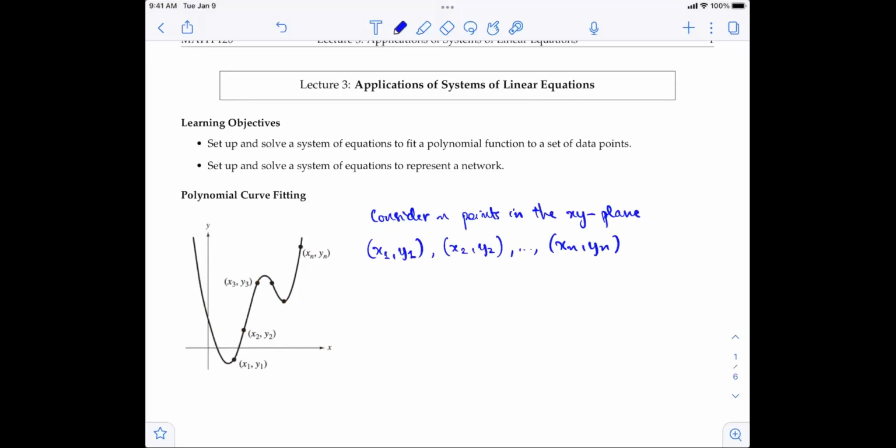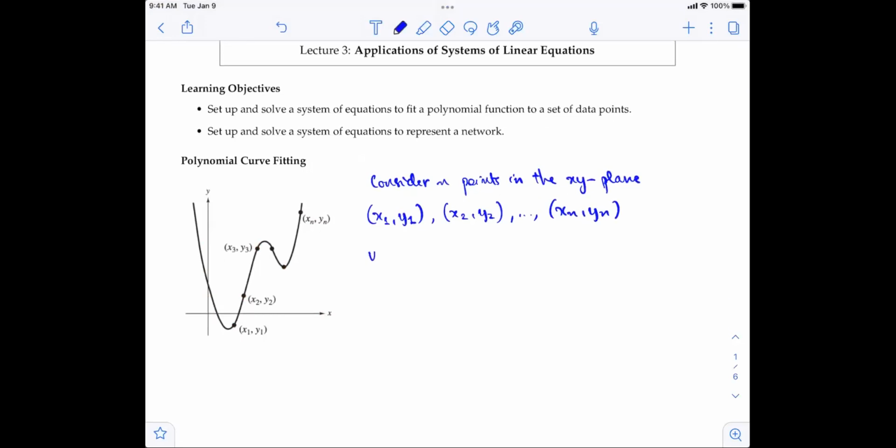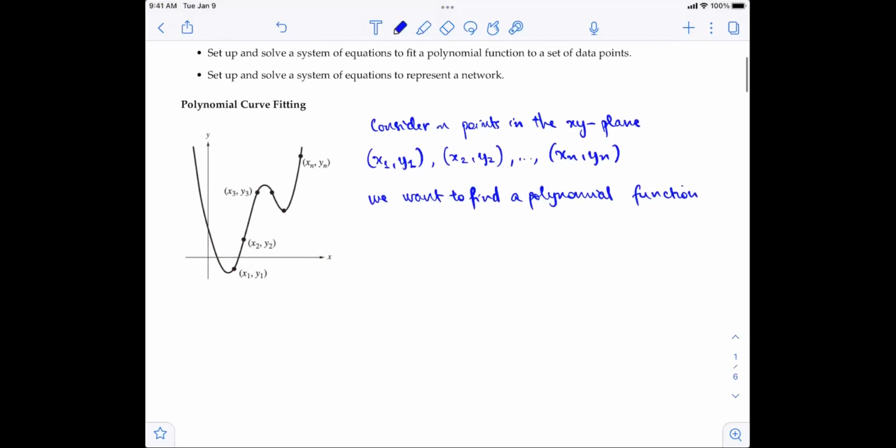Okay, and what we want to do is we want to find a polynomial function of degree n minus 1.